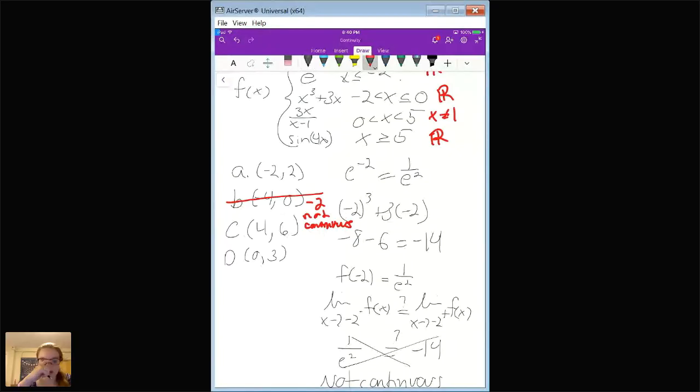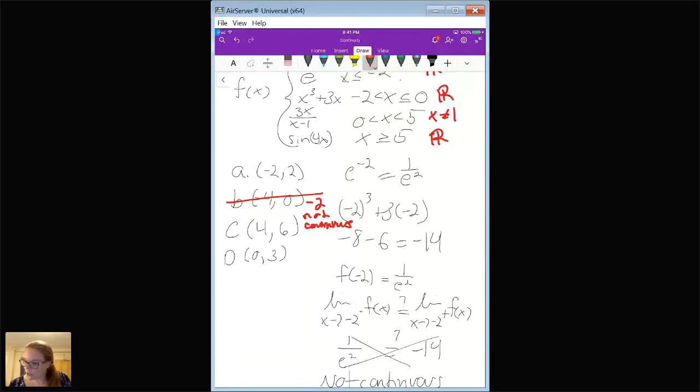Okay, can we rule out A though? What about A? Okay, good. A only from the left, right? So this is an open parentheses, right? So we're just saying -2 from the left, from where it starts, and from the right side is the only place we're looking. So no, A is still a possibility.